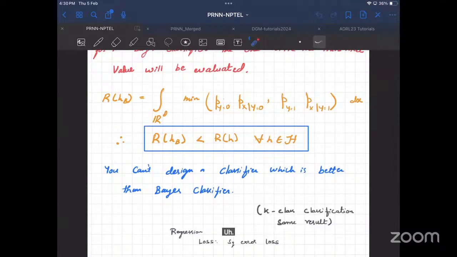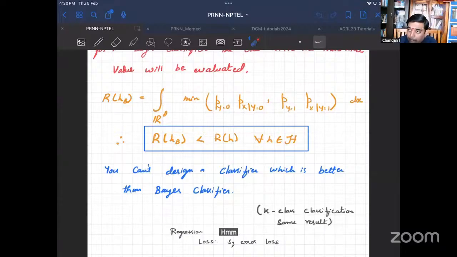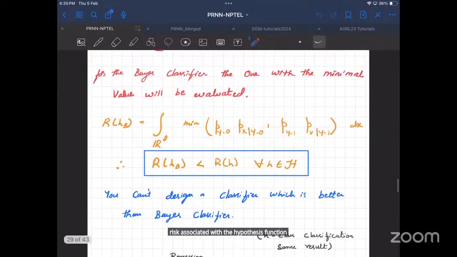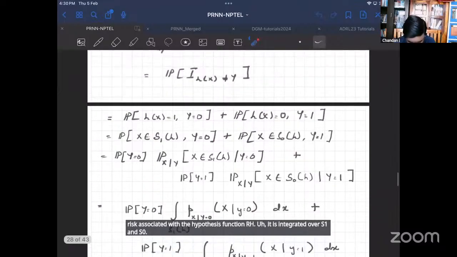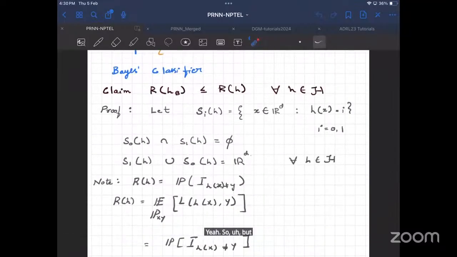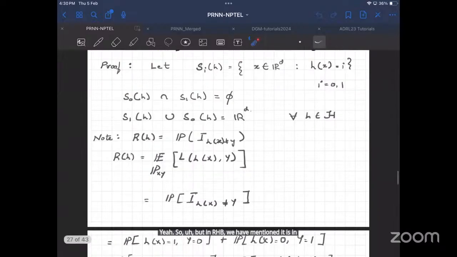Sir, a confirmation on the proof of this Bayes classifier. The risk associated with the hypothesis function R(h) is integrated over S1 and S0. But we have mentioned it is in R to the power D, in D dimension.